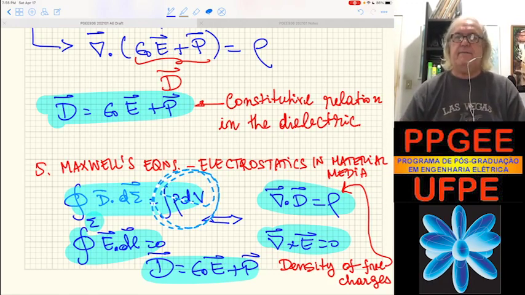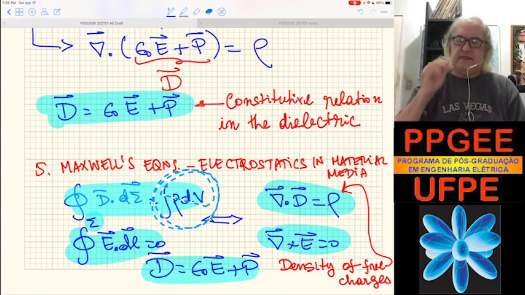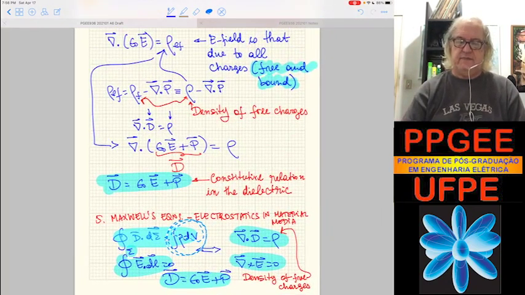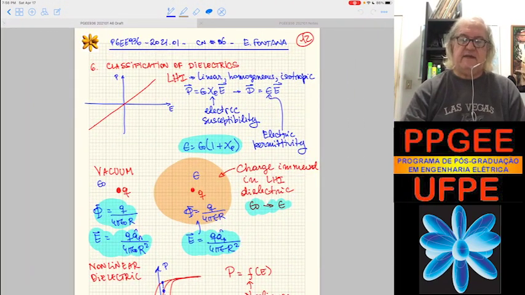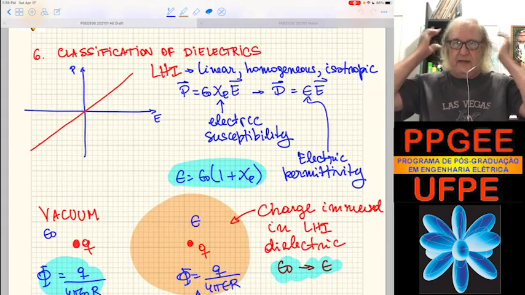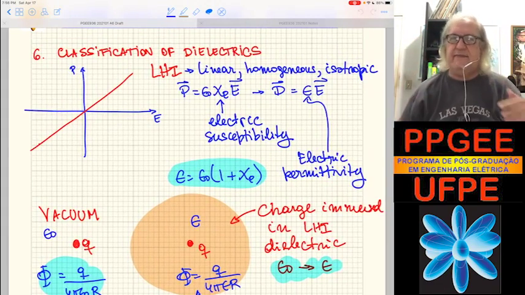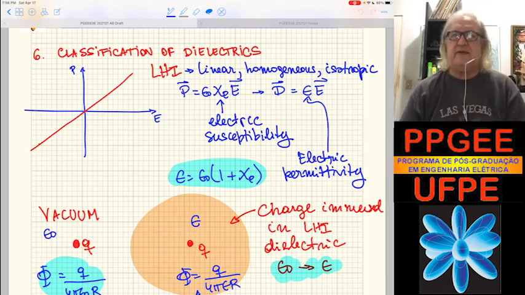So let's now conclude the lecture briefly. We have some classification of dielectric media, which is typically employed. There are different sorts of materials with very interesting properties, right? But talking about the dielectric properties is essentially how D, E, and P relate to each other.